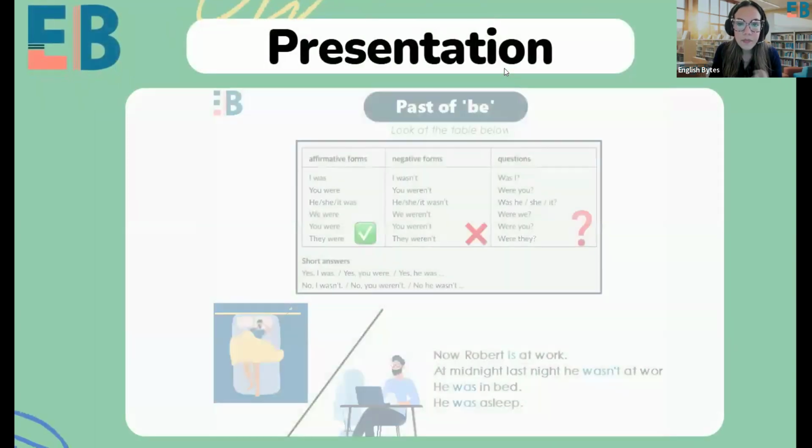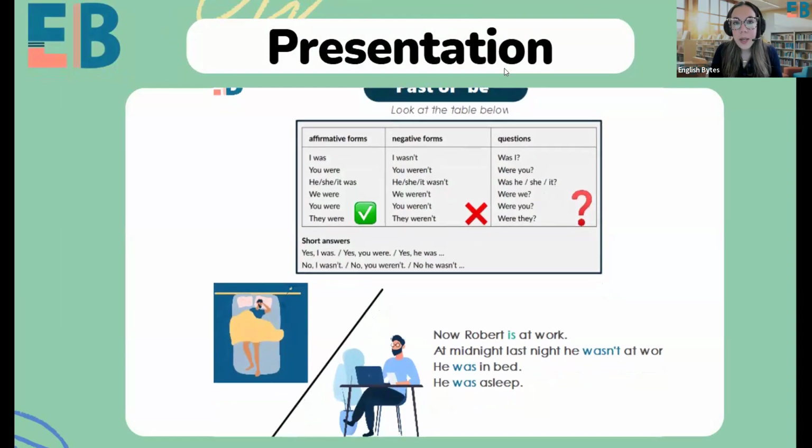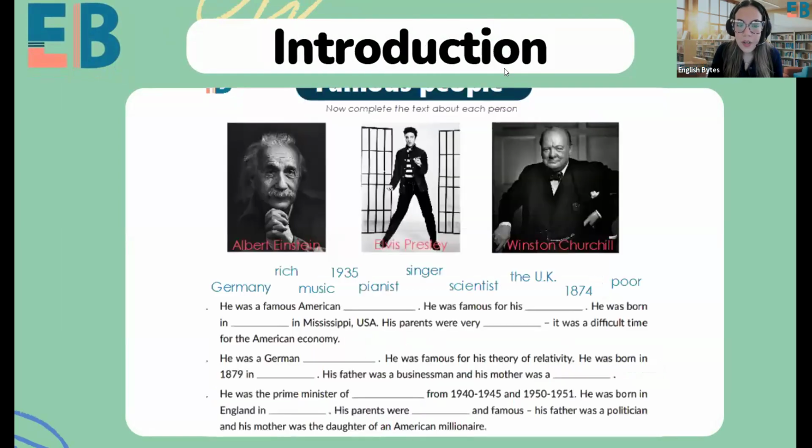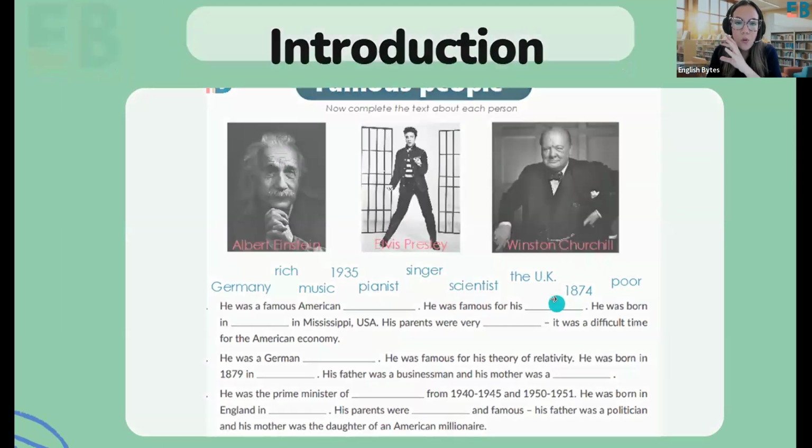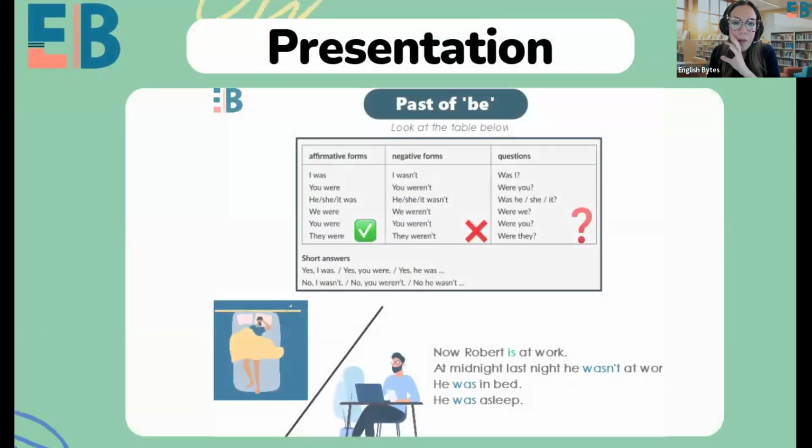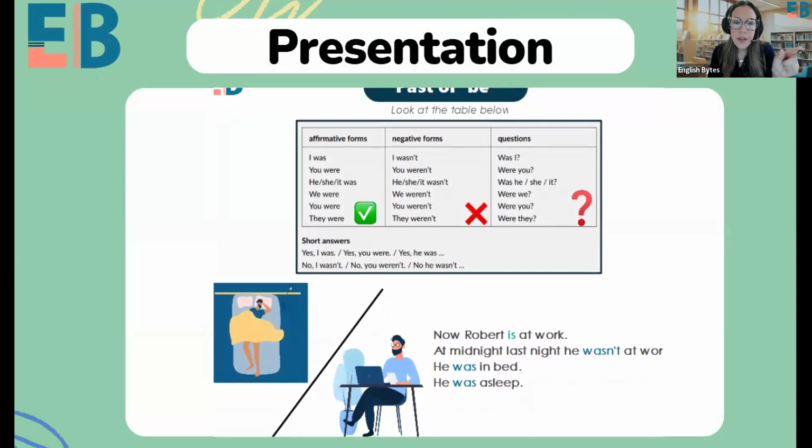And then we go to the presentation stage. Here I actually show what the grammar point is that we're going to talk about. If you can see from here, we have the grammar point, so I can use this to go to my presentation stage. Do you know that word?